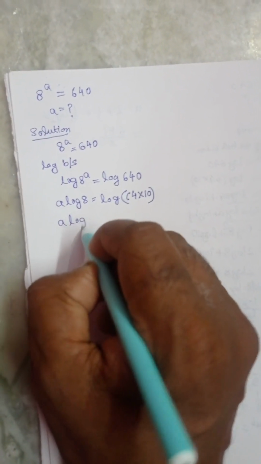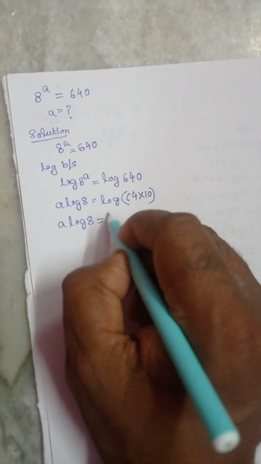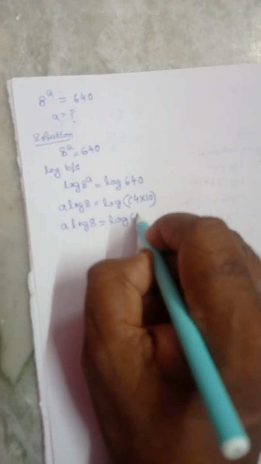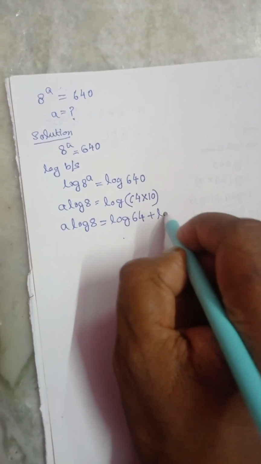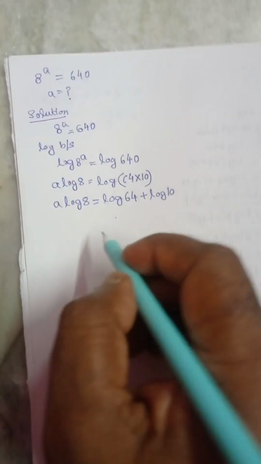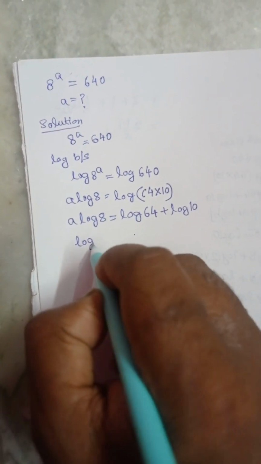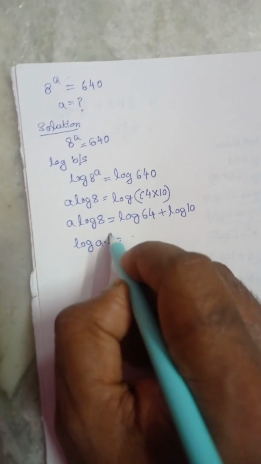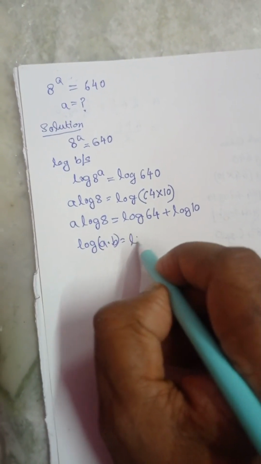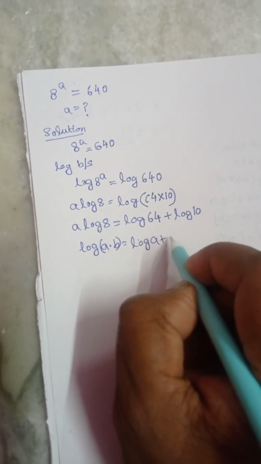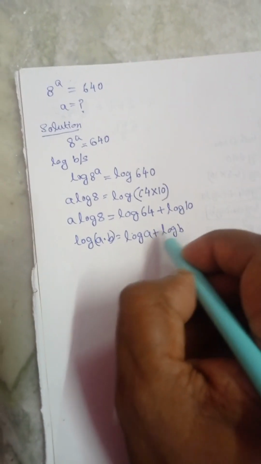Now a log 8 equal to log 64 plus log 10, because we know log a b equal to log a plus log b.